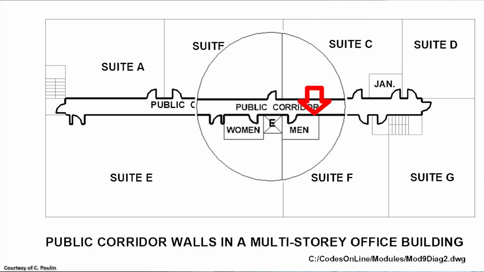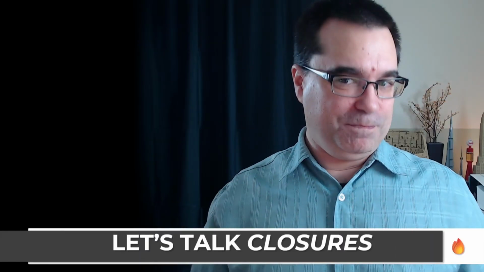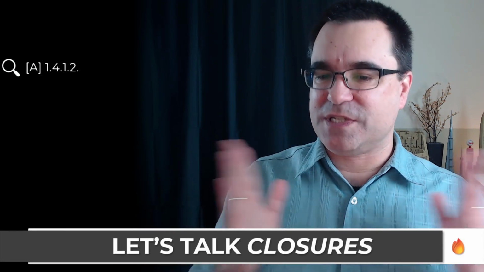That indicates a fire separation with a fire resistance rating. However, if you separate the women's and men's washroom from the suites with a fire separation having a fire resistance rating, then the women's and men's washroom do not need to be separated from the public corridor with a fire separation and a fire resistance rating.